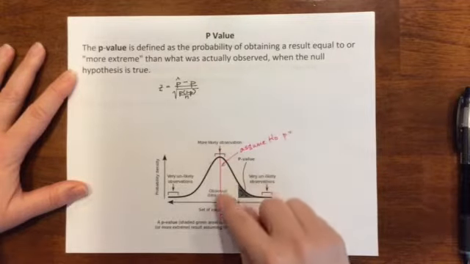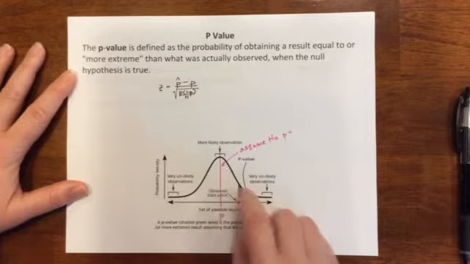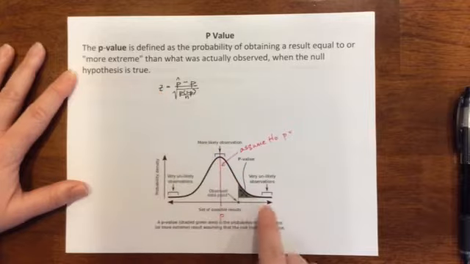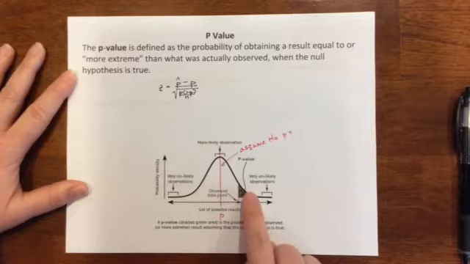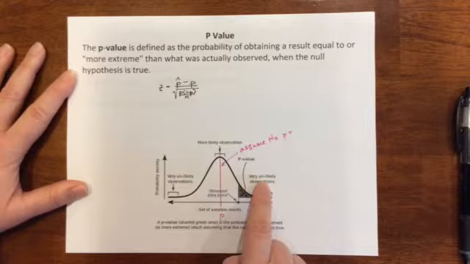So if you assume that the null hypothesis is true and you take some sample, you're calculating this z-score, looking up its probability, and you're trying to find the probability of your sample occurring given that this is true. And if this probability is so small, that means it's unlikely to happen.